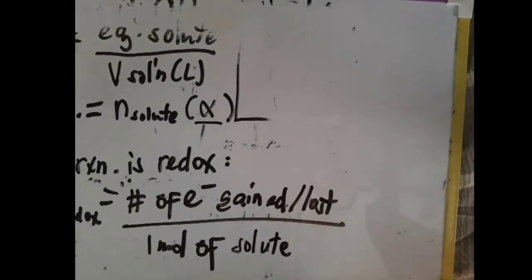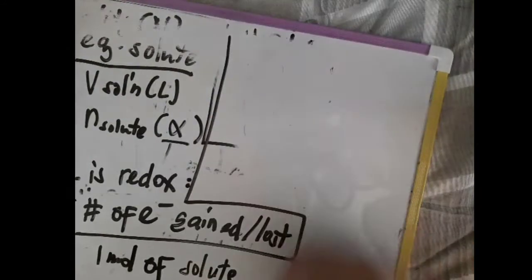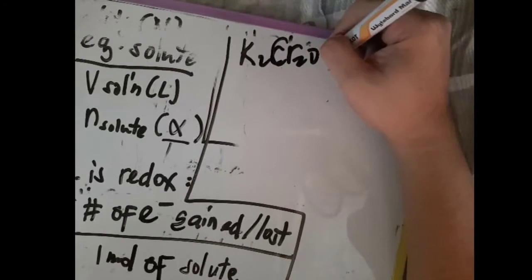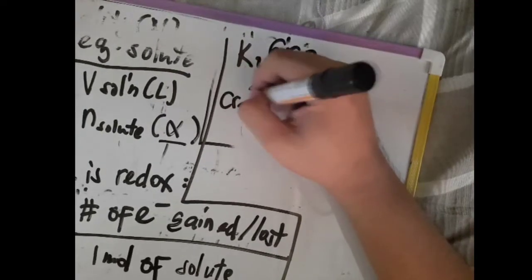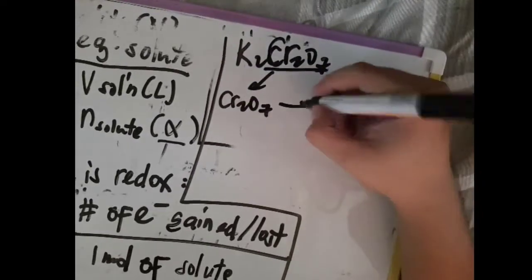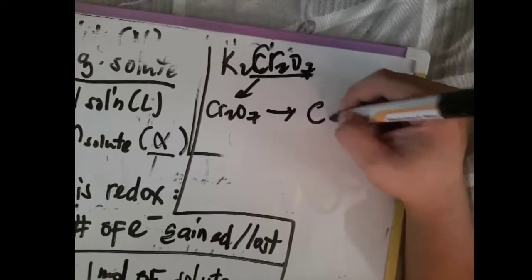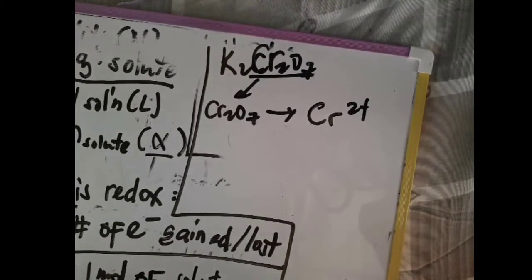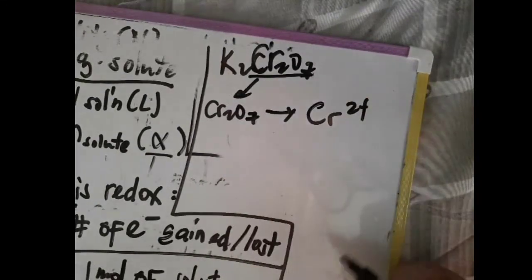Okay, let's have, for example, potassium dichromate. In potassium dichromate, the dichromate anion can undergo a reduction reaction to produce chromium 2 plus. Before we determine the alpha, or the number of reacting units, for potassium dichromate, we first need to balance the reaction.